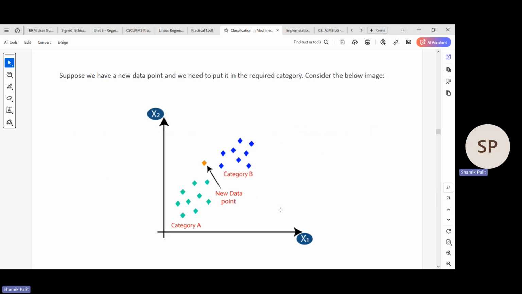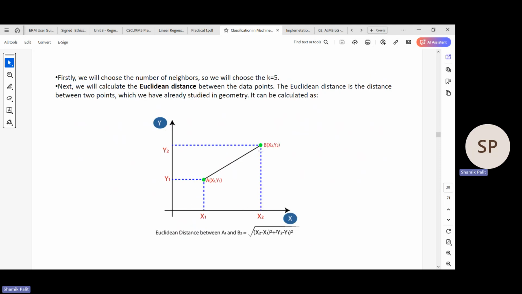First, we plot a graph with two specific categories, as I told you, and one new data point comes into the picture. We start calculating the Euclidean distance, as you can see how we are selecting it.